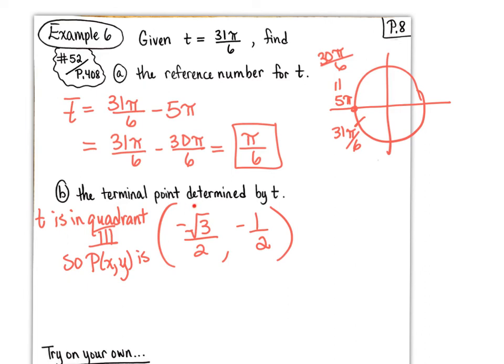But whenever we want the terminal point determined by T, we take that point, move it to the third quadrant, and then we get the negative, negative. Do you need me to explain that again? You got it? Okay.